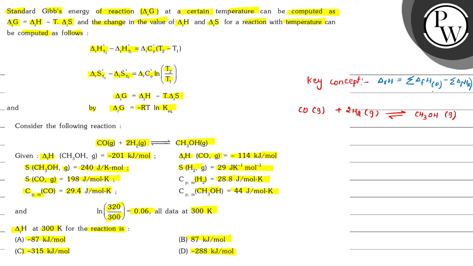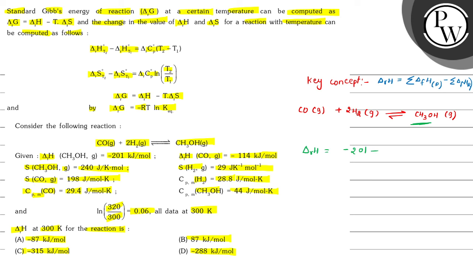Here these are in standard states, so we can substitute the values here now. Here in CH3OH the value is given, that is minus 201 kilojoule per mole, so we can write here it is equals to minus 201.